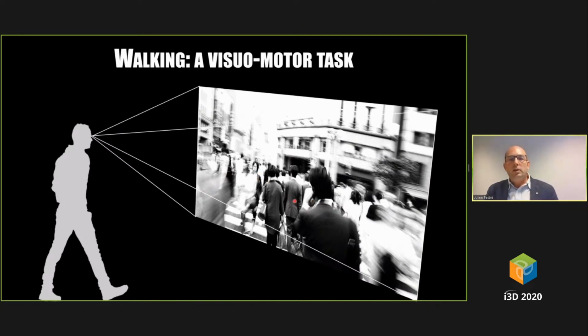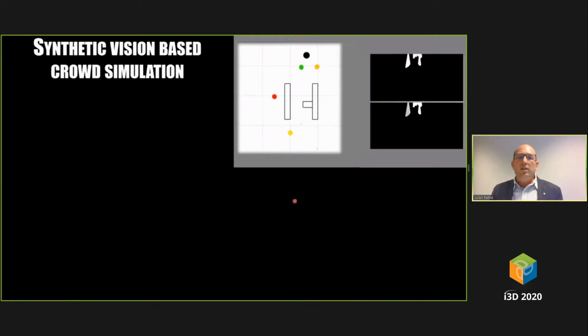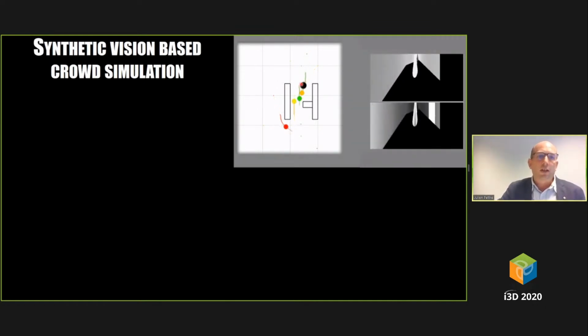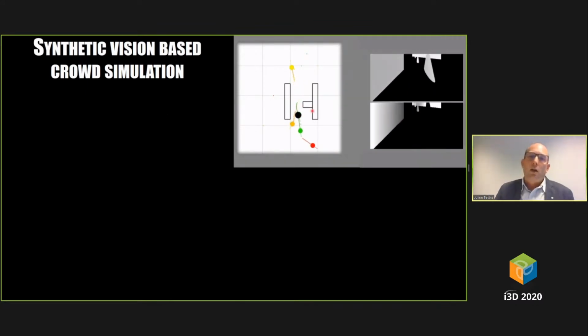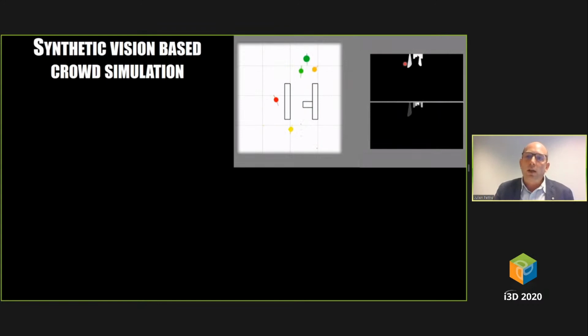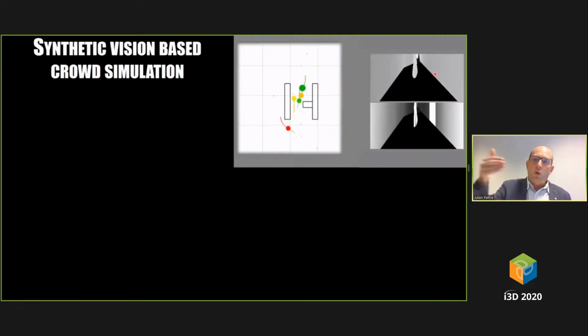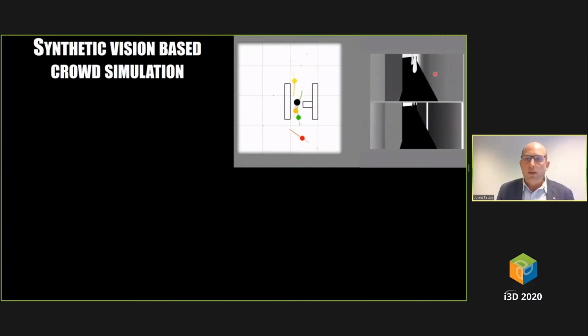So we designed algorithms that imitate this process a bit more accurately. And we've done this by equipping our simulation agents with what we call a synthetic vision system, a sort of retina that you can see displayed here on the right, where we project all the visual information they can access.